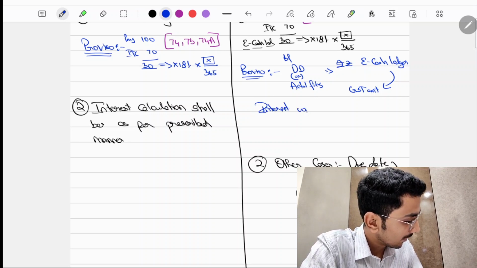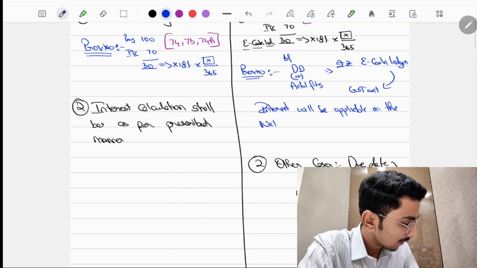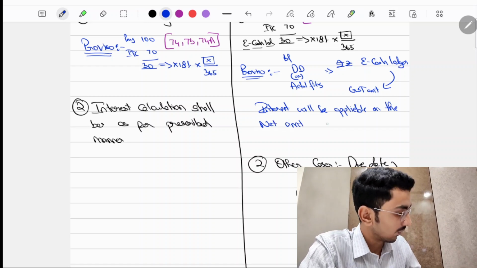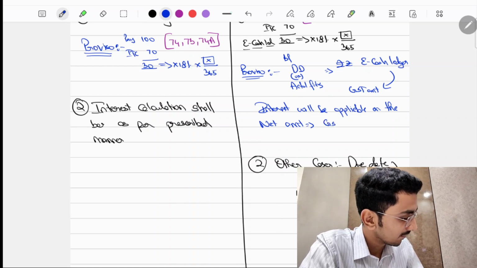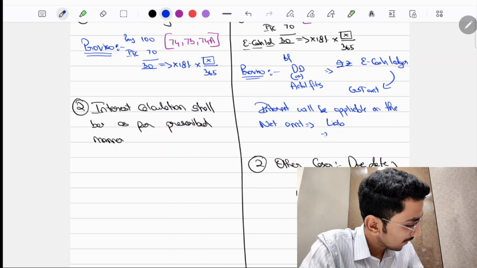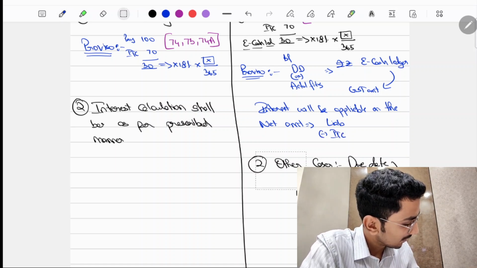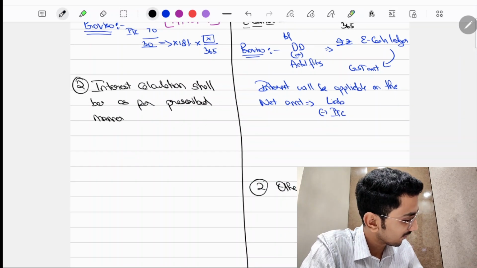Interest will be applicable on the net amount, that is whatever your liability is minus, for example, ITC, assuming that this case is not covered under section 73 or section 74 or section 74A.